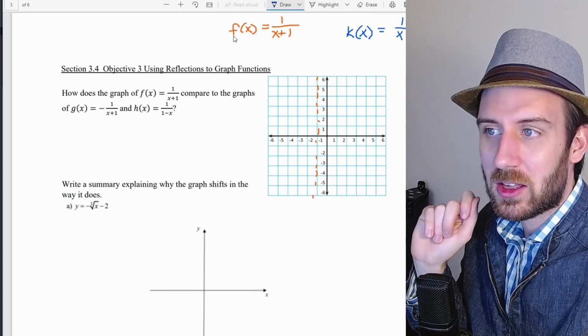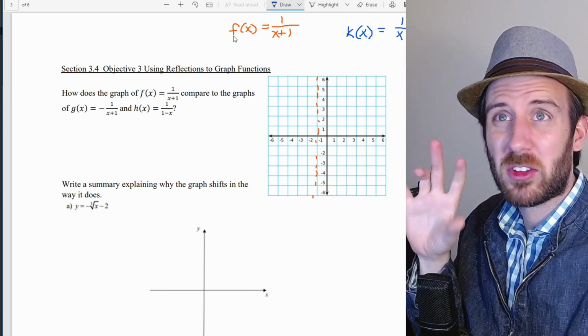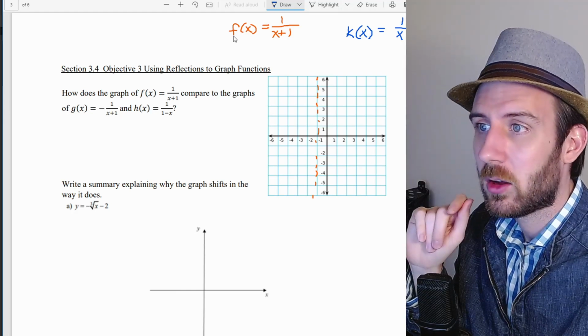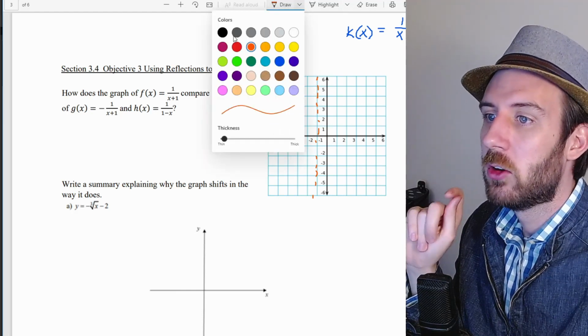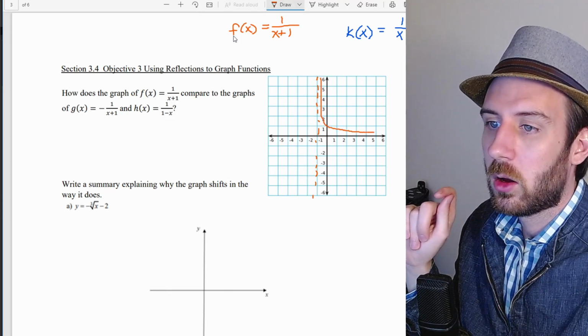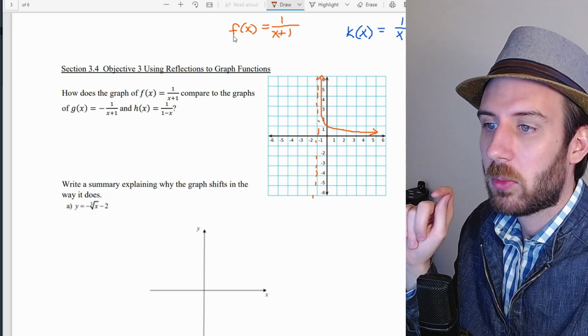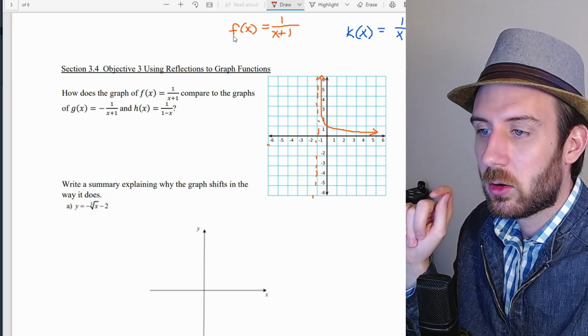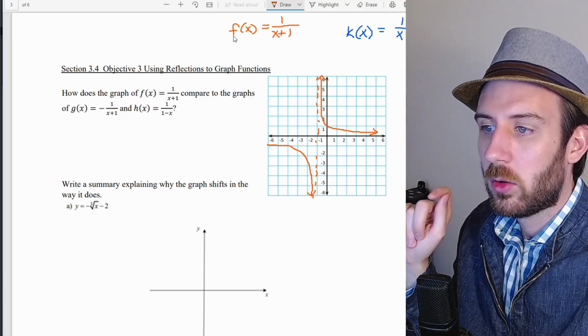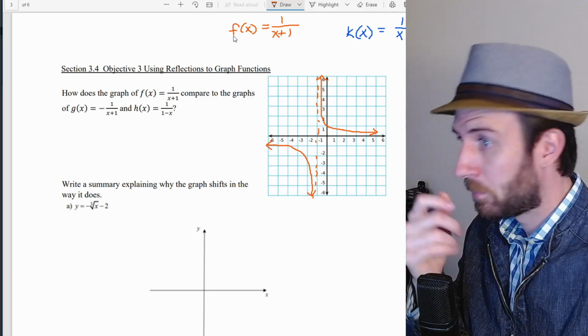But again, it looks like I'm taking x and I'm adding 1 to it. So that means that I'm taking the whole coordinate system, I'm moving it 1 to the left. That's making this whole thing drift behind. Oh, okay, so that orange one should look just like our 1 over x graph, but I've got it shifted a little bit to the left. Good, very nice.